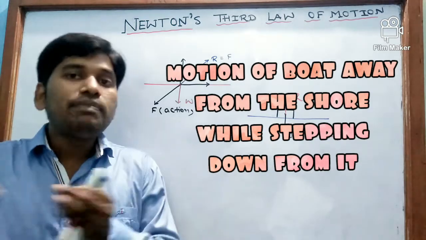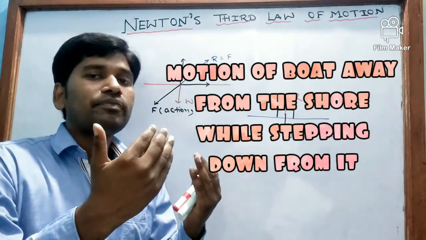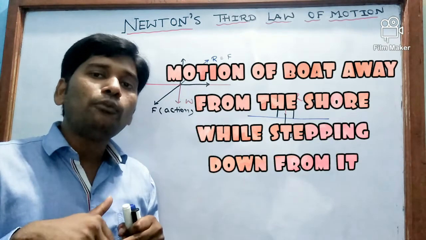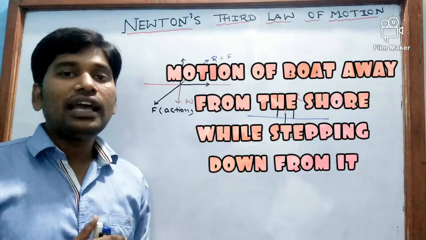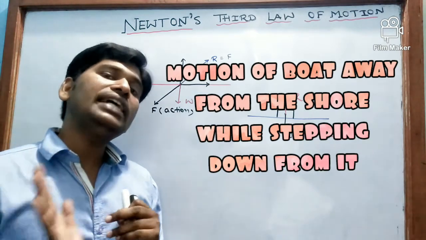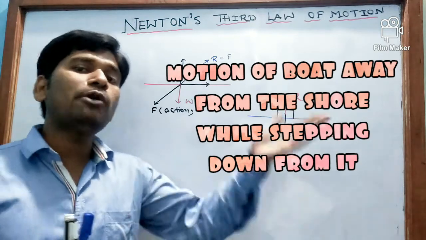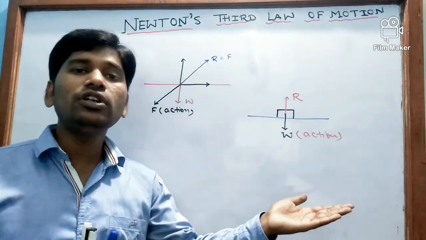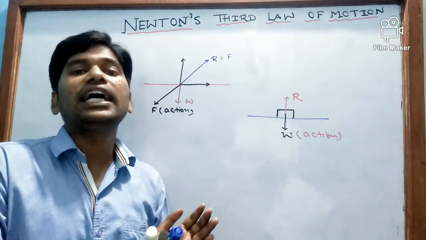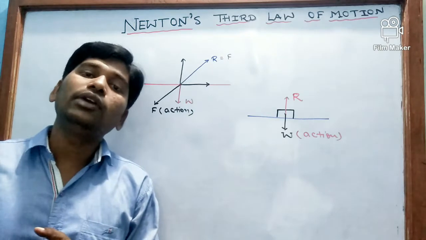The boat moves backward, because when he tries to jump, he pushes the boat in the backward direction as an action, and then the boat applies a reaction on the man to step out from the boat. So he steps out from the boat, and due to the action of that man on the boat, the boat moves in the water backward.